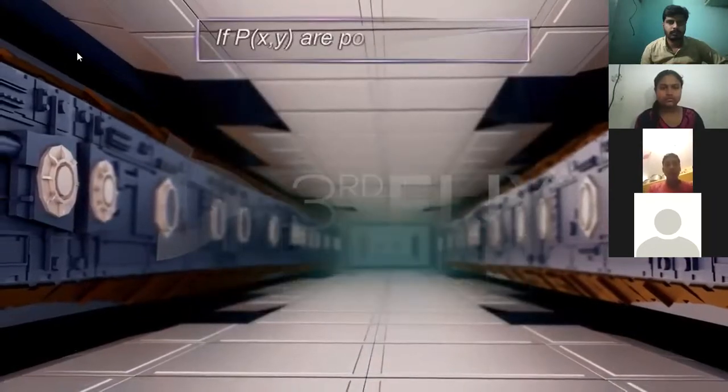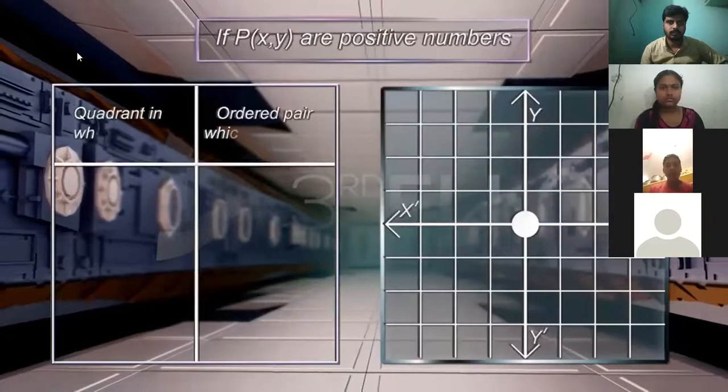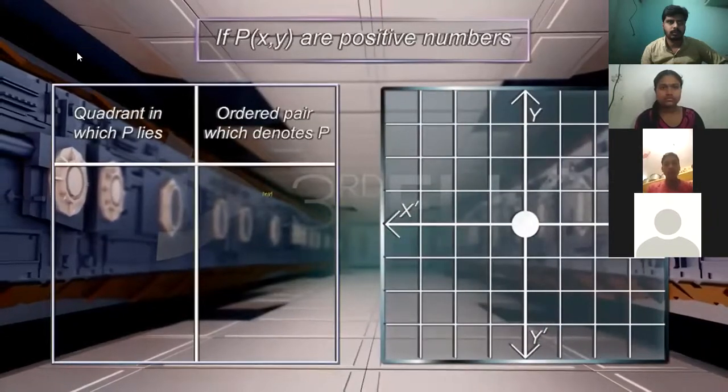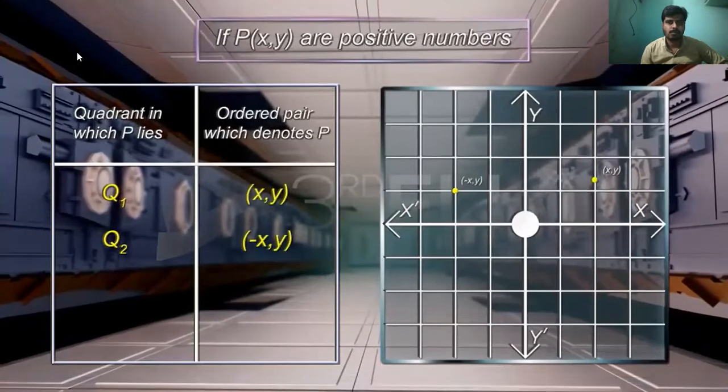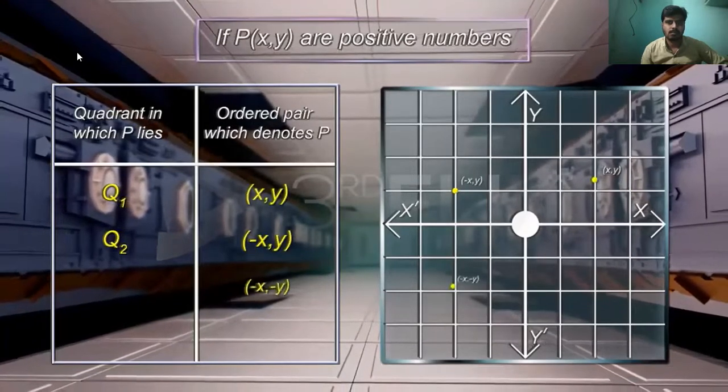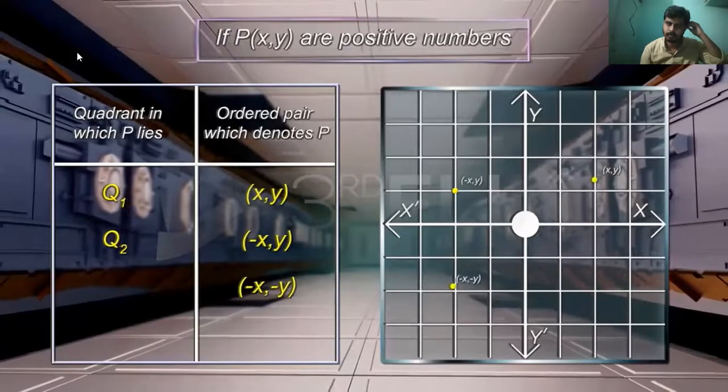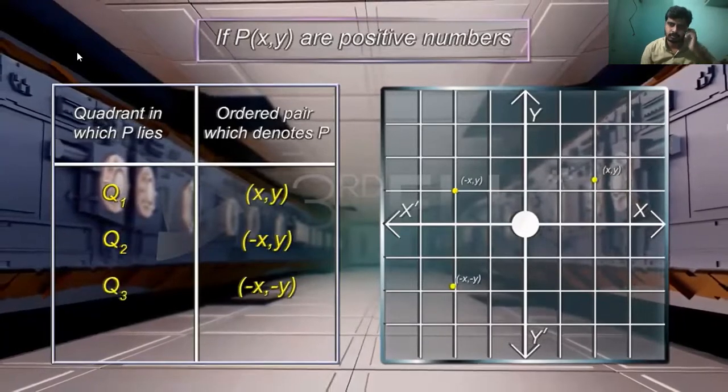If x and y are positive numbers, the point P(x, y) lies in quadrant 1. The point P(-x, y) lies in quadrant 2. The point P(-x, -y) lies in quadrant 3.